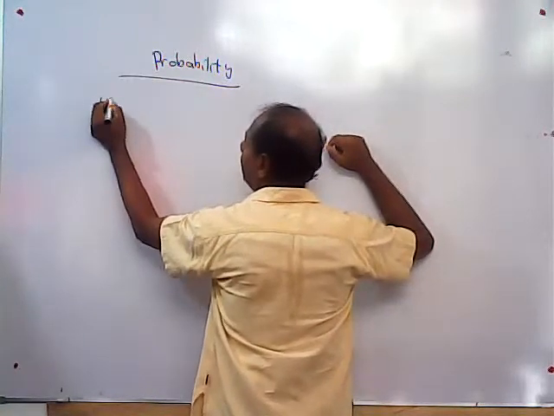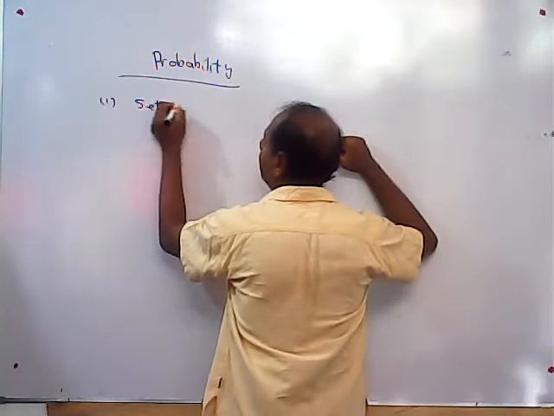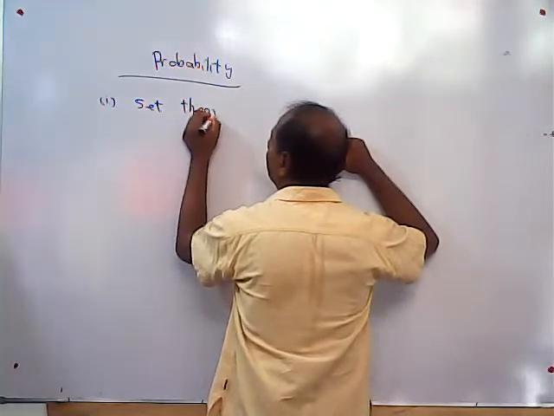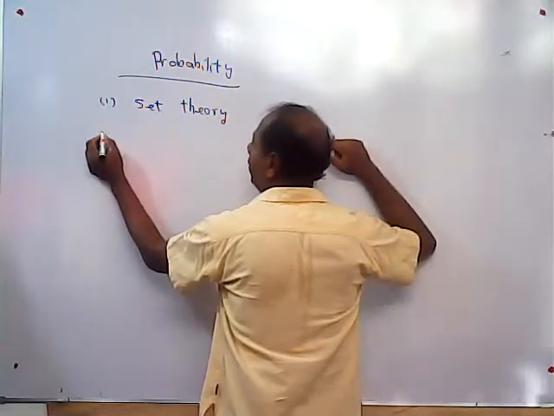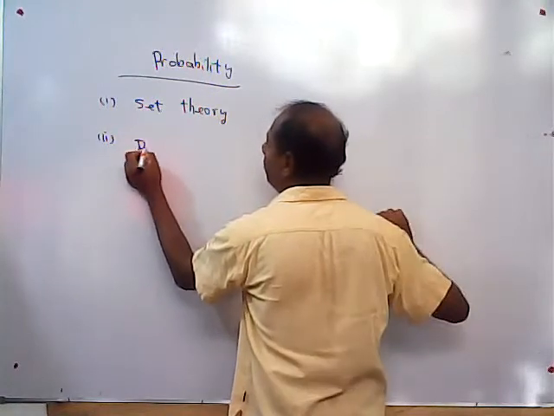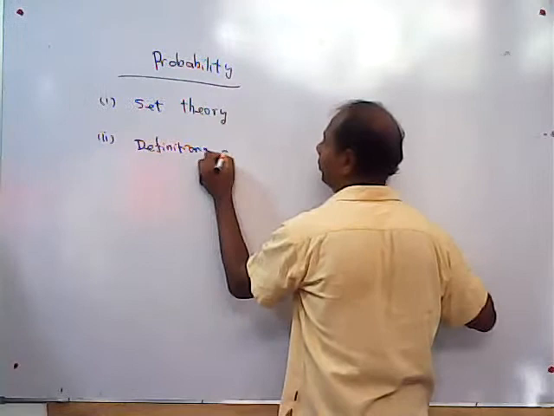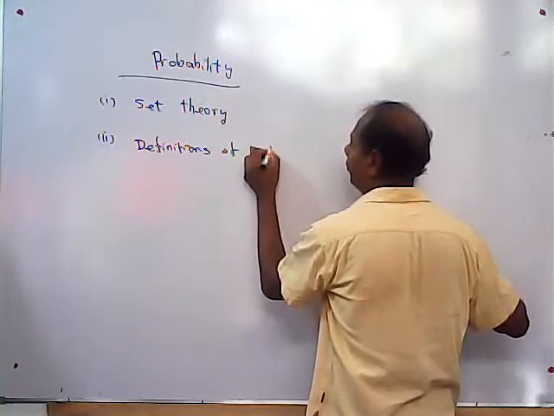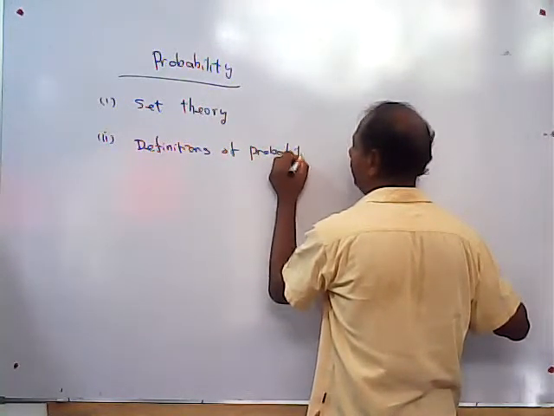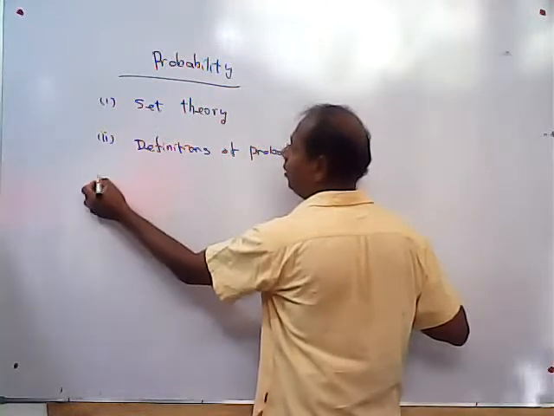We start with set theory. Number 2, then definitions of probability. Then independent events.